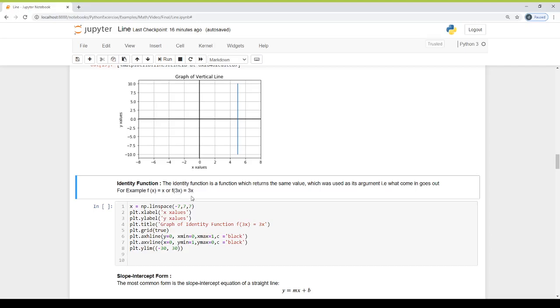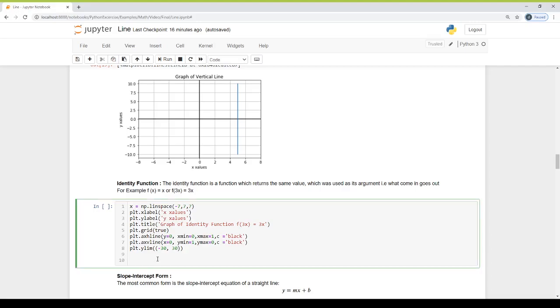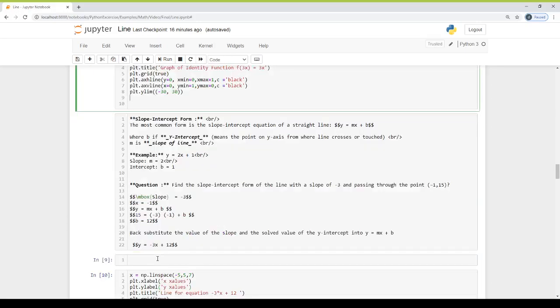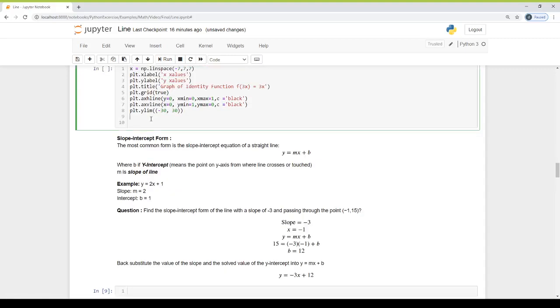So let's draw a graph of the function f(x) is equal to 3x. For that, first define the function, y is equal to 3 into x. This is our function.